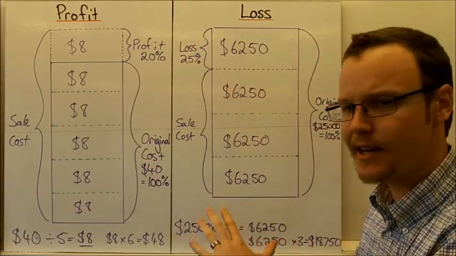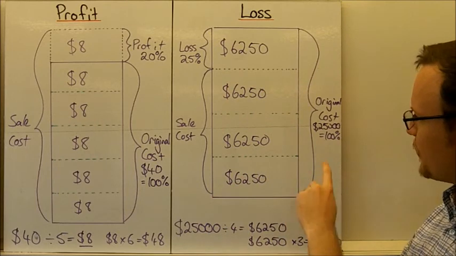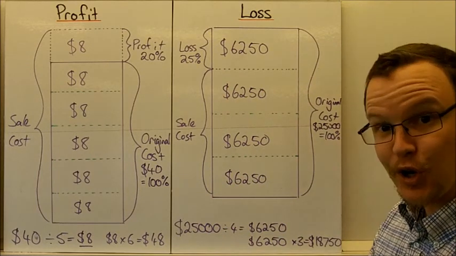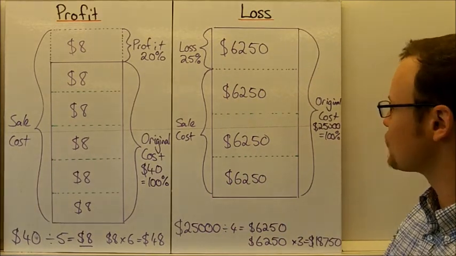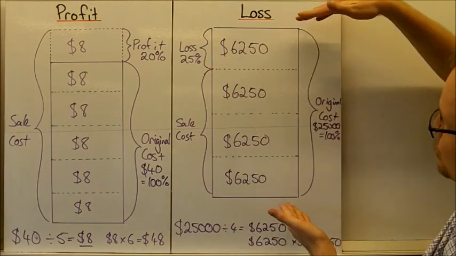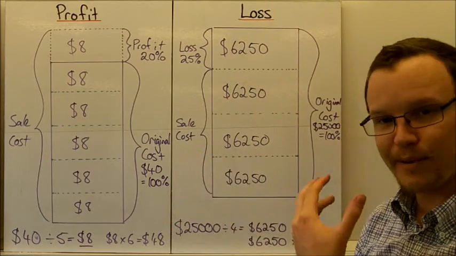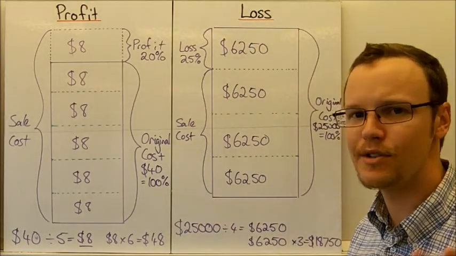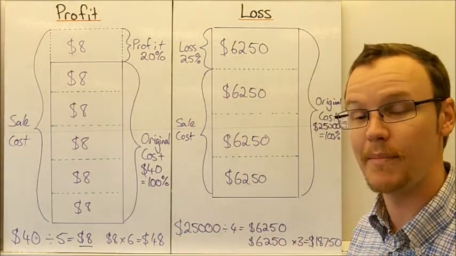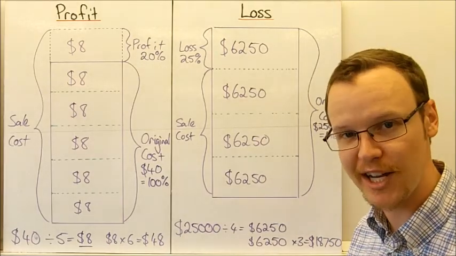Looking at loss now, slightly different. Say we've bought a car for $25,000, a $25,000 car, and that's the original cost. That's the original cost all the way around here. Now, when we sell a car, often the cost reduces over time, the actual amount the car is worth. It's called depreciation.